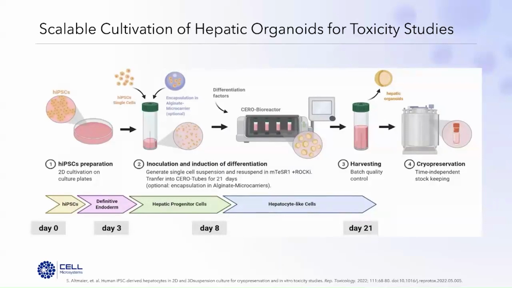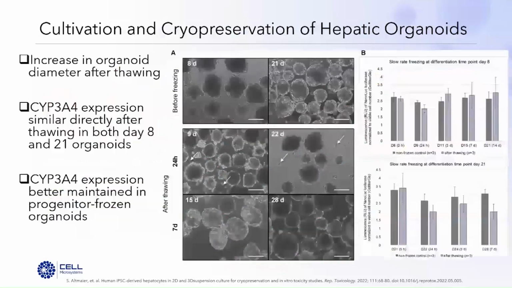So they tested cryopreservation methods of progenitor organoids at day 8, as well as mature organoids at day 21, and throughout the process did a lot of batch QC analysis. Now, they used the sero to not only generate these organoids, but also directly reseeded them into serotubes for recovery from frozen.